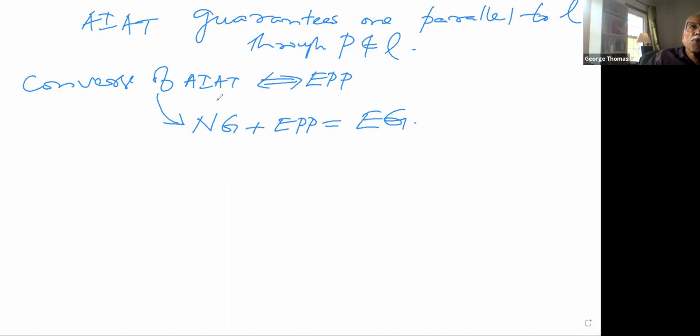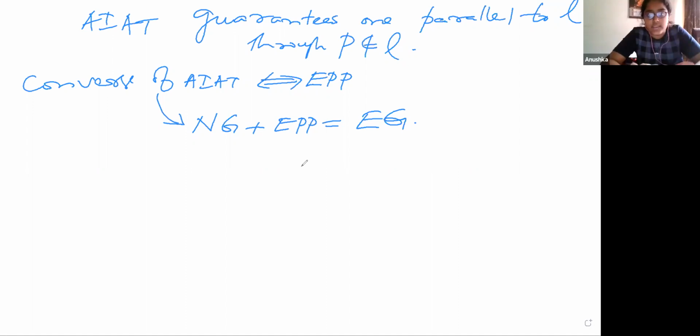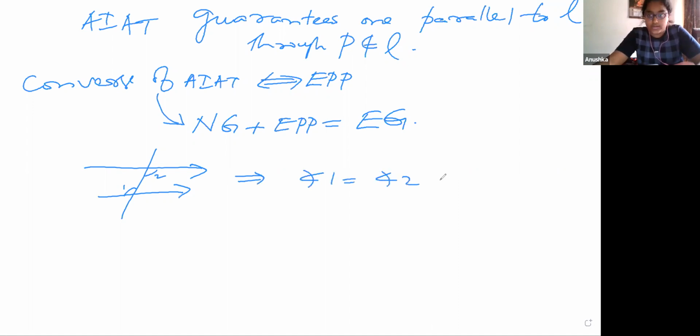If somebody asks you, what is AIAT? Yes, who wants to comment on it? Who has raised the hand? Yes, Anushka. So the converse of AIAT is that given 2 parallel lines and a transversal passing through them, the alternate interior angles formed by the intersection of the transversal with the lines are congruent.